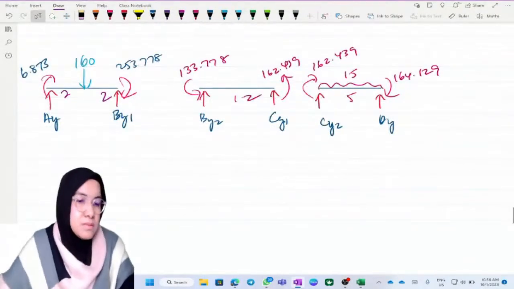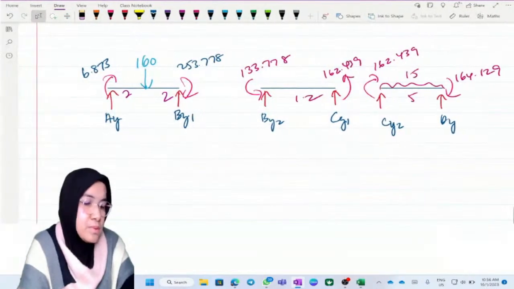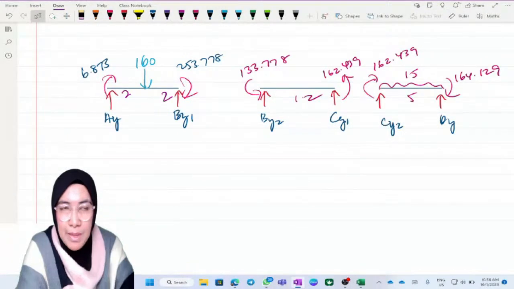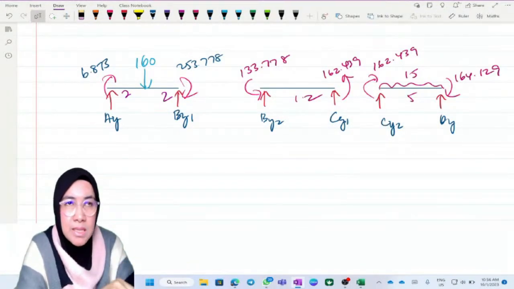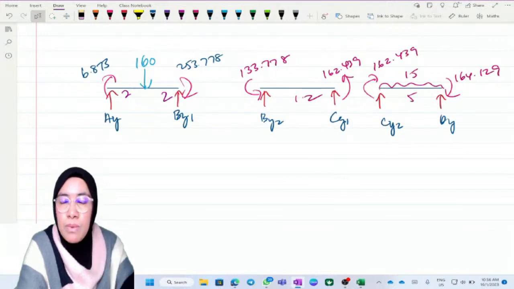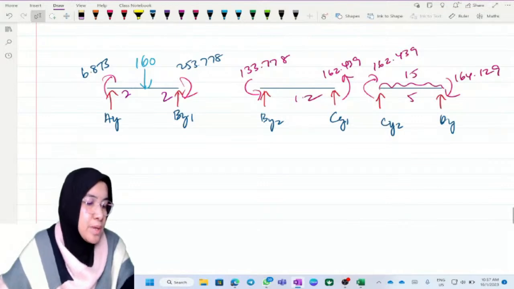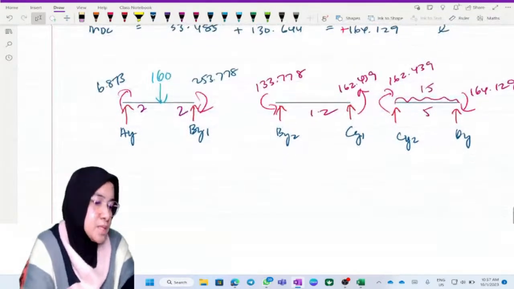So we will analyze these three beams, beam AB, beam BC and beam CD, just like we analyze a simply supported beam. By taking moment at one end, we get one vertical reaction, and then we apply total Fy to determine the other. So we consider AB first.